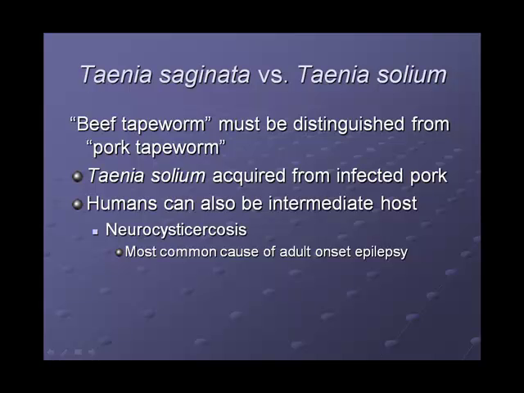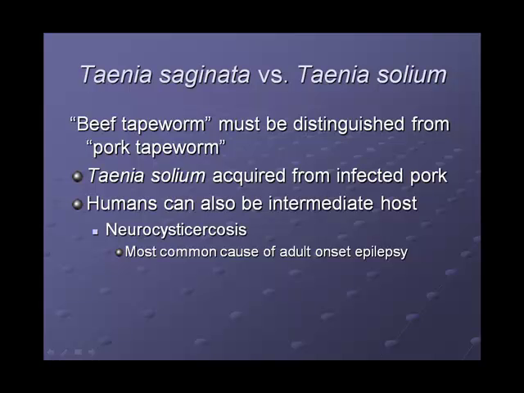Sometimes it will end up localizing in the brain or in the nervous system, and obviously you can get significant clinical consequences with that. In fact, worldwide, they call it neurocysticercosis, because again, it's the cyst form that's causing the problem. This is considered the most common cause of adult onset epilepsy in the world.